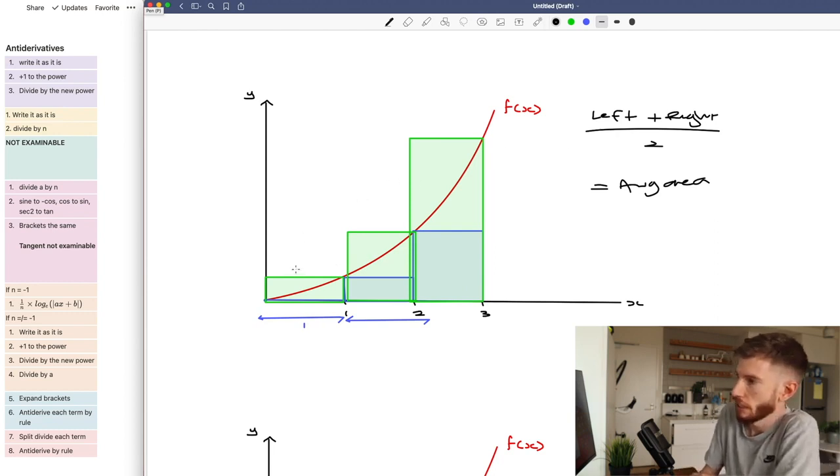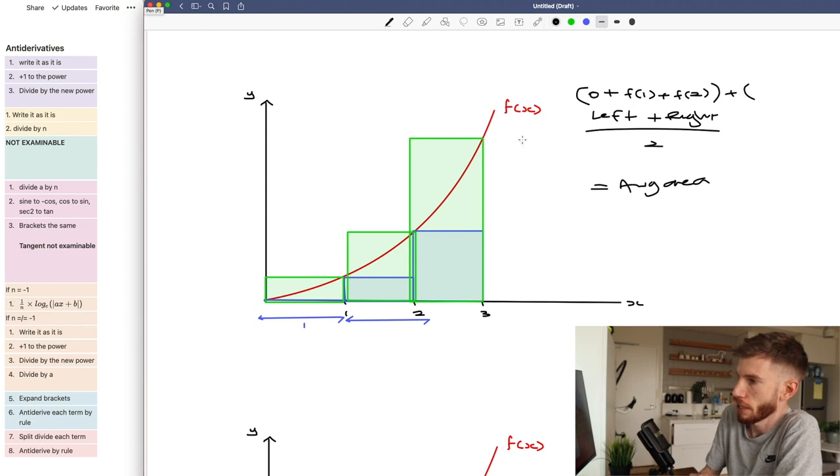And you can imagine that the left endpoints, which were the blue rectangles, would have been 0 plus, and then this one here would have been a width of 1 multiplied by the height, which was determined by f of 1. So really it would just be 1 times f of 1 plus, and then the other one would have been 1 times f of 2. So we'll just write f of 2 like that, and then add on.